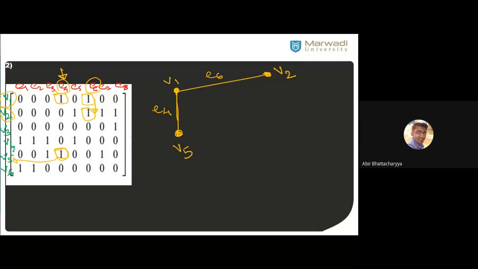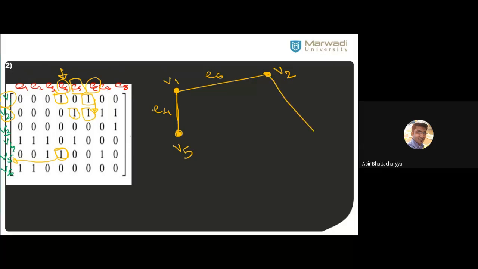Now once I found V2 and V5, we have to go for the row of V2 and the row of V5. So what is the row of V2? Row of V2 is E5 and E6. See, E6 is already done. So now the new edge is E5.